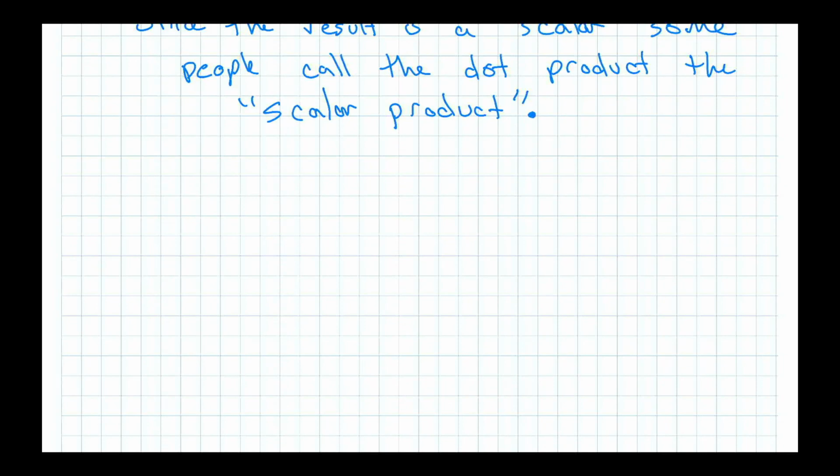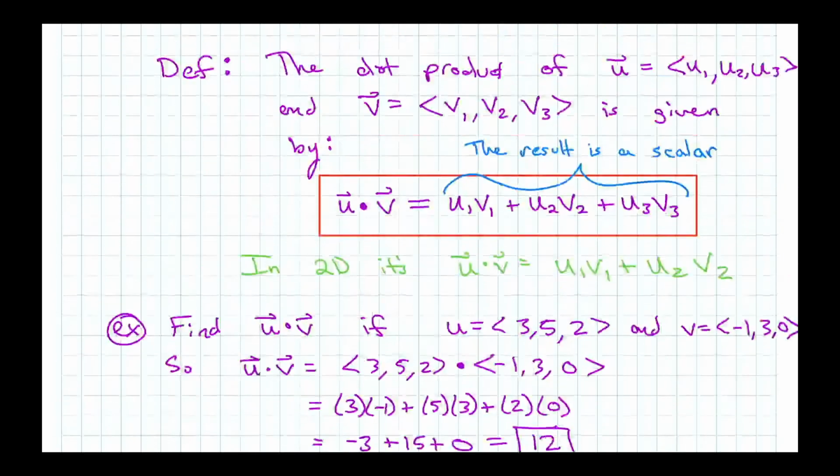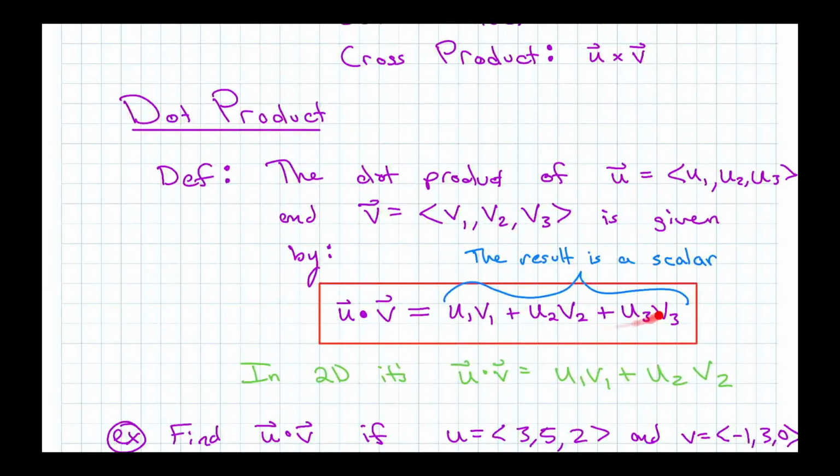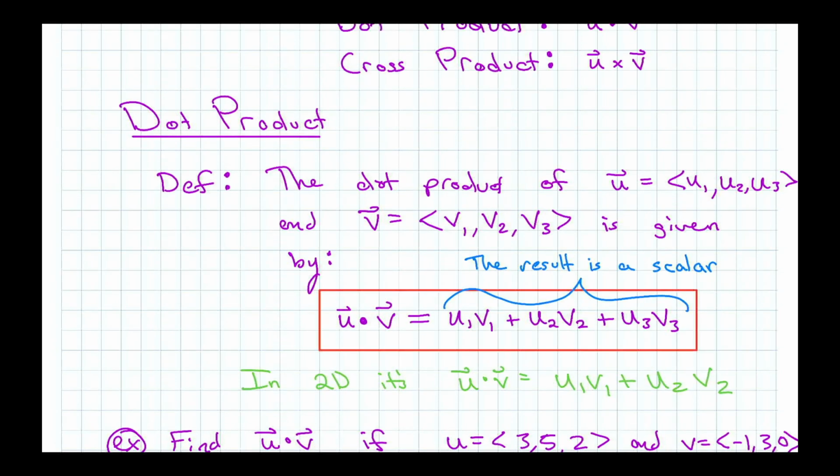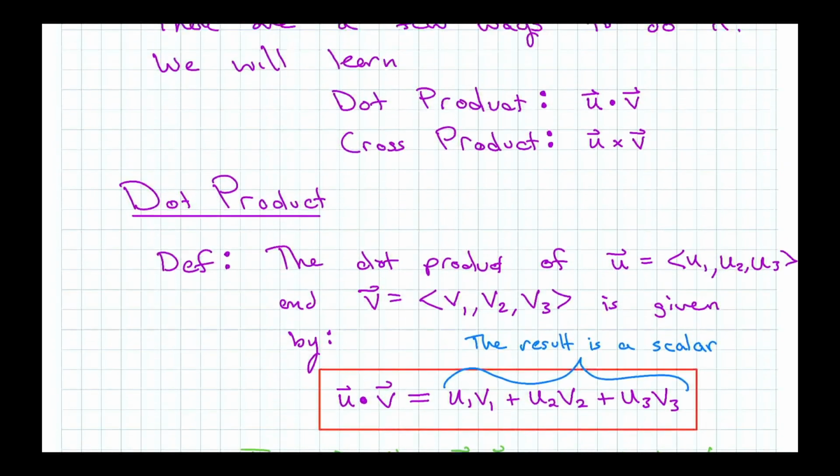Now, this operation here is not regular multiplication. So if it's not regular multiplication, why are we using the word product? Dot product, cross product. Product means multiplication.